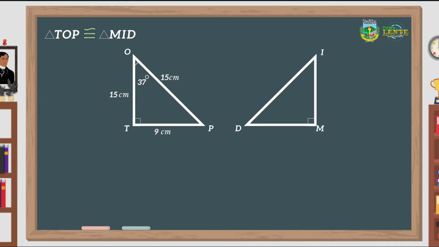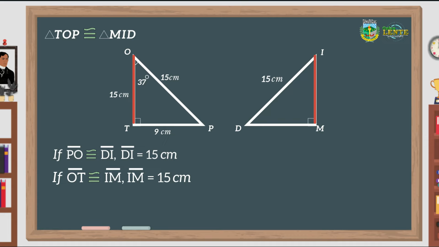Given triangle TOP congruent to triangle MID, solutions. If side PO is congruent to side DI and side PO is 15 cm, then side DI is equal to 15 cm. If side OT is congruent to side IM and side OT is equal to 15 cm, then side IM is equal to 15 cm.